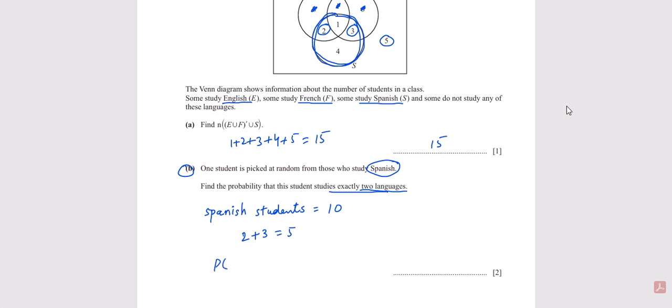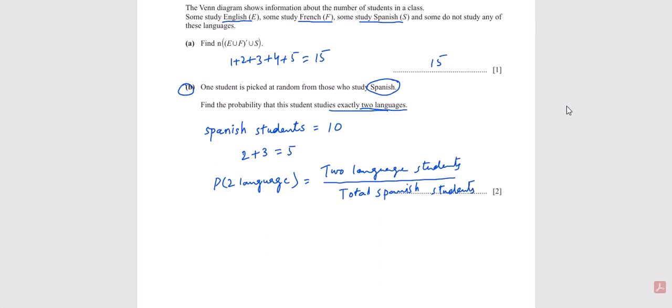We find the probability of two languages. It is equal to the total two-language students divided by the total Spanish students. So the two-language students are equal to 5, and the total Spanish students is 10.